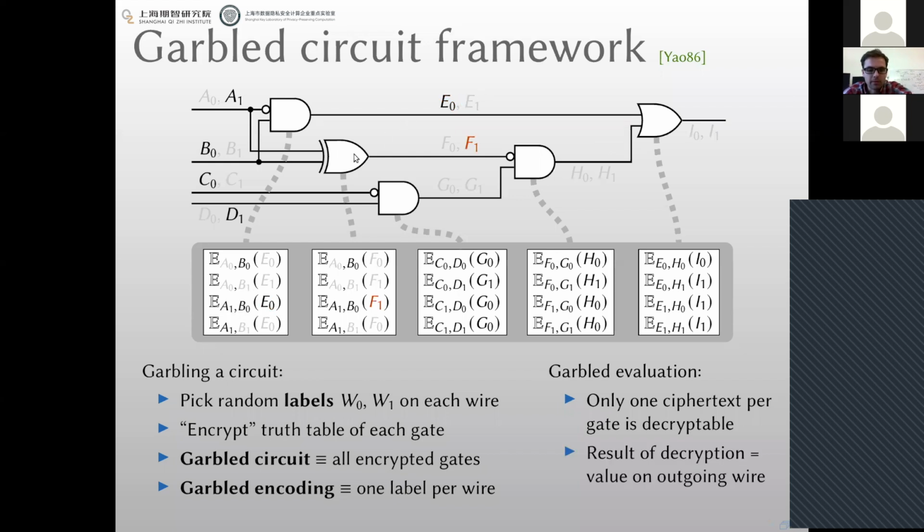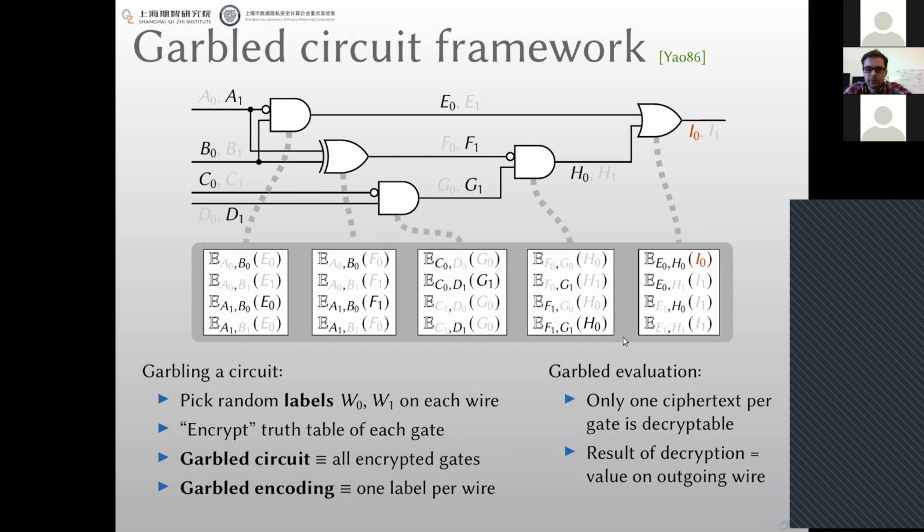I could do the same thing for this gate. So in this gate, only one of the ciphertexts can be opened. I will learn F1. And here I will learn G1. And now I have F and G. I can use them to decrypt this garbled truth table. I learn H0, I0.